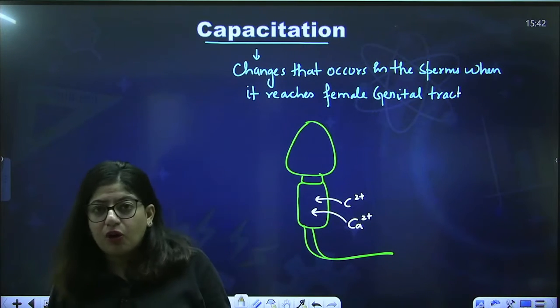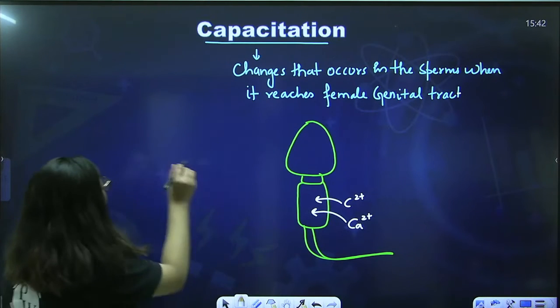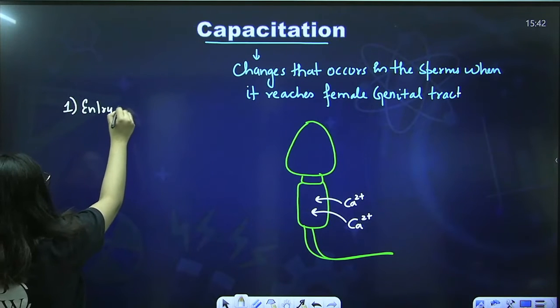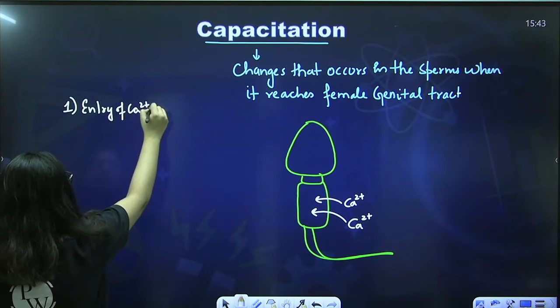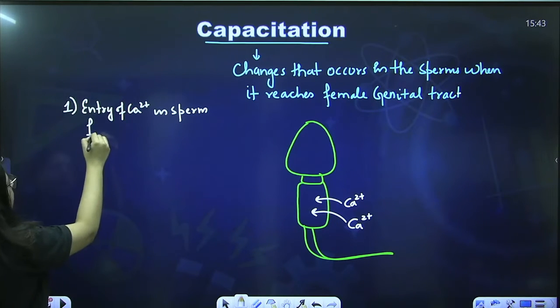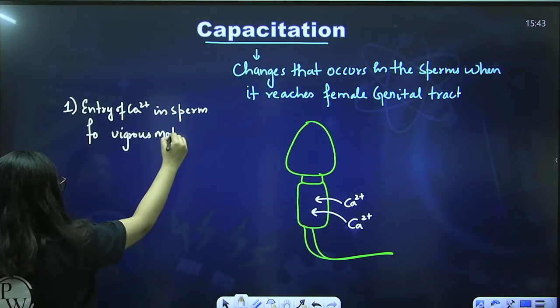If calcium is not there, sperm will not be able to run, right? So the first change that occurs is entry of calcium ions for vigorous motility.